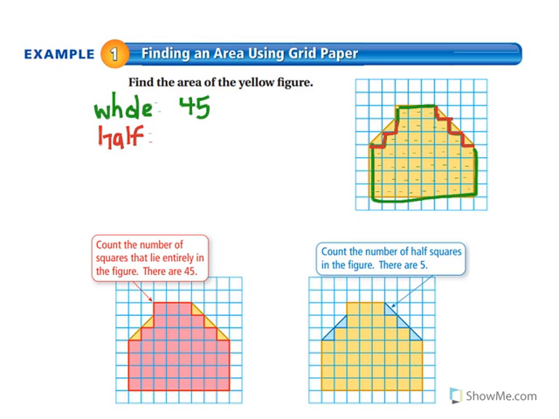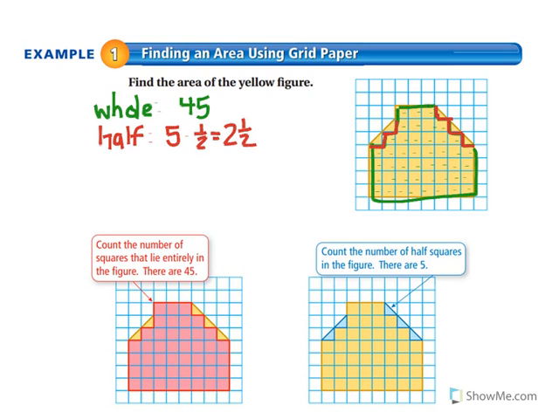and there are 5 of those. So 5 times 1/2 equals 2.5. Okay? And since there are 2.5 squares, we can add that to the 45.